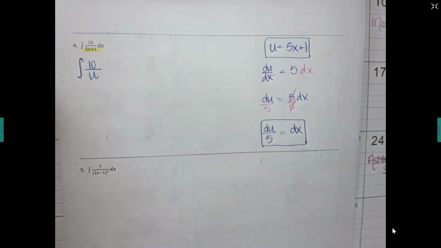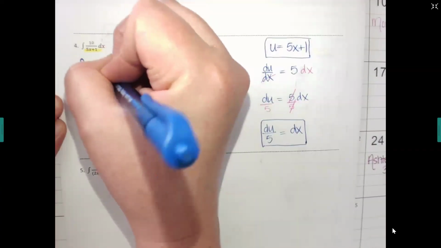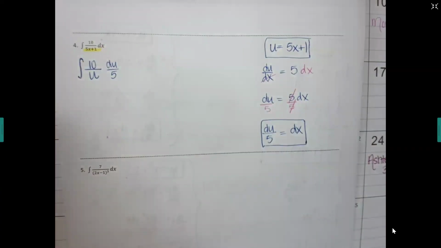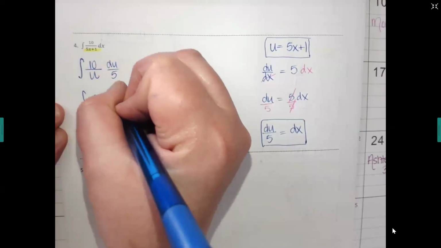Right? Because my 5x plus 1 is turning into a u. And then where my dx is, I'm going to replace it with a du over 5. Can I divide the numbers that I got? 10 divided by 5, will that go evenly? 2. So I have 2 over u du.